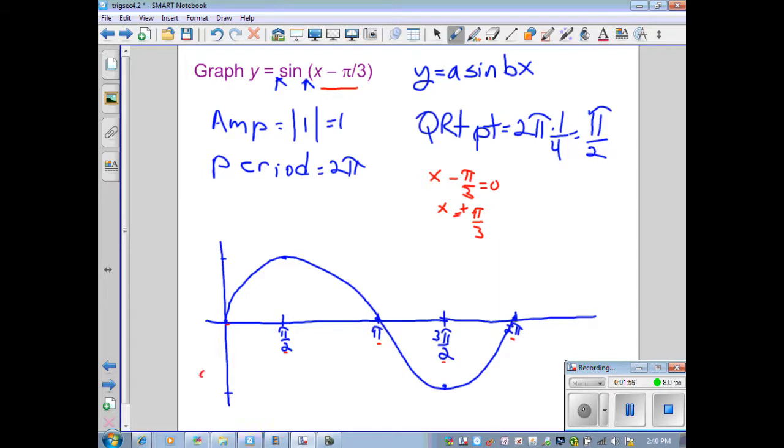So here, 0 plus pi thirds is pi thirds. Pi over 2 plus pi thirds. Common denominator is going to be 3 pi over 6 plus 2 pi over 6, which is going to give me 5 pi over 6. Then pi with a common denominator for the pi thirds, 3 pi over 3, gives me 4 pi thirds.